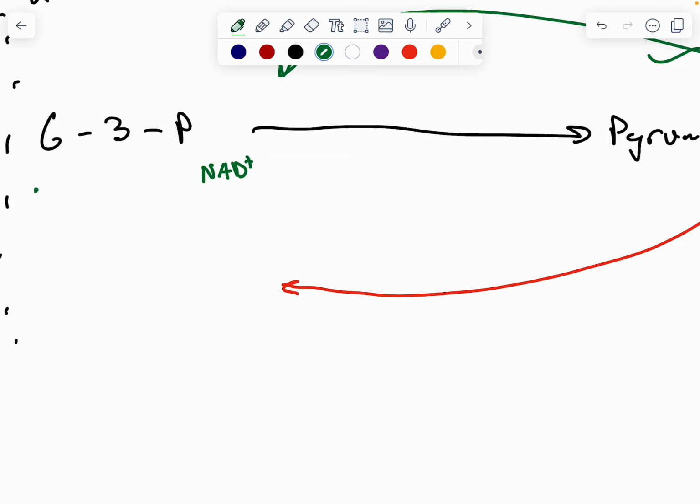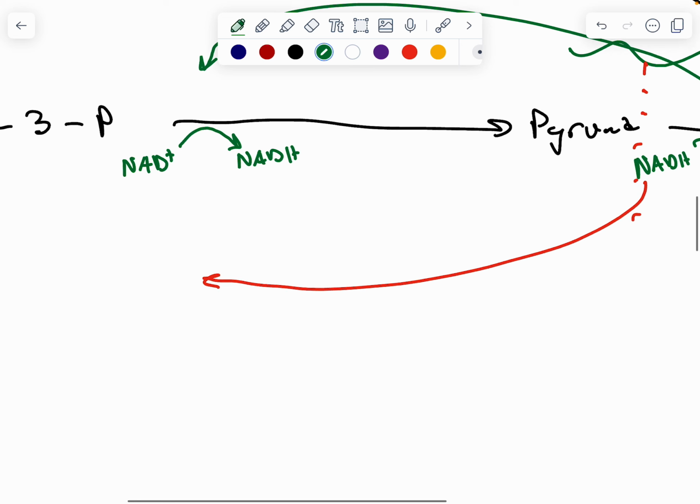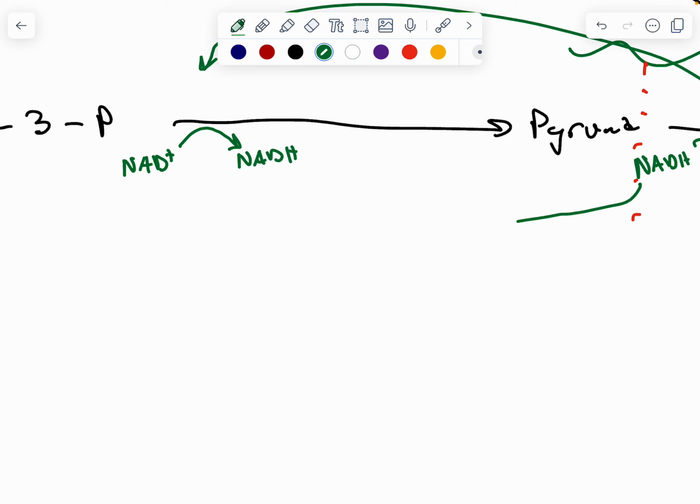But what we can see right here is NADH comes up here, reacts with G3P, produces NADH, but we're going to need that NADH to come back. So what's going to happen is, NADH is going to come through. This is going to do a nice little cycle right here.